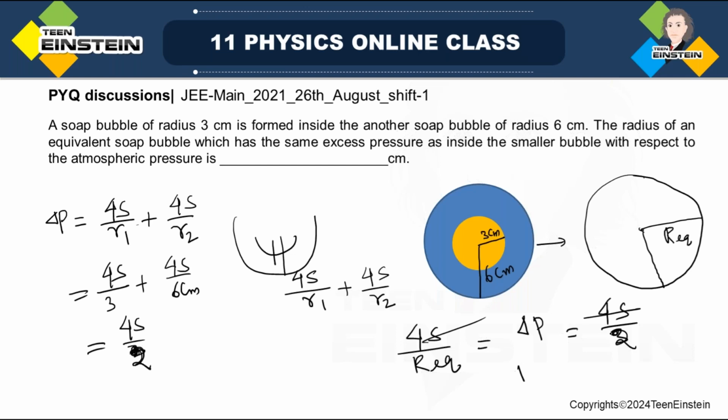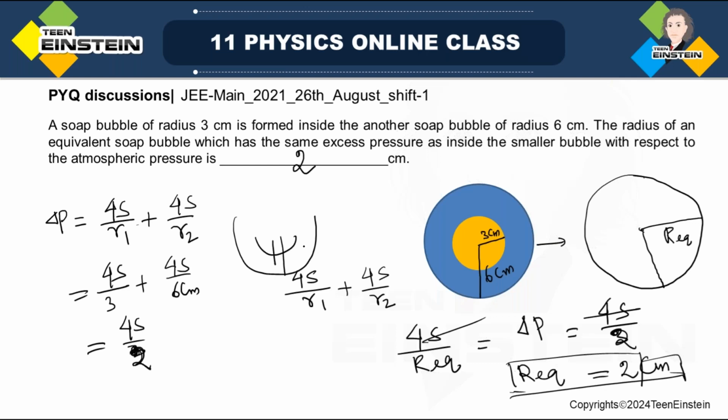So this is 2, 4S I can cancel out, so R equivalent will be 2 centimeter. R equivalent will be 2 centimeter. All right, so here it will be 2 centimeter.